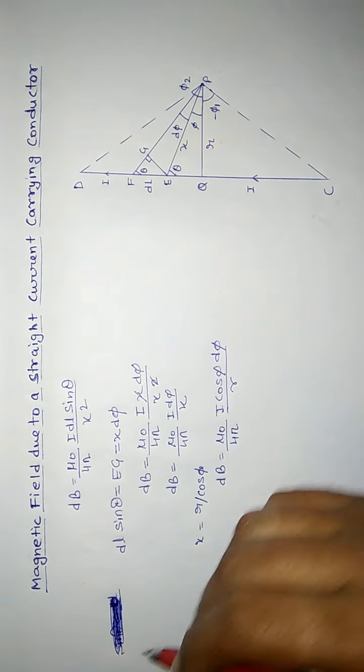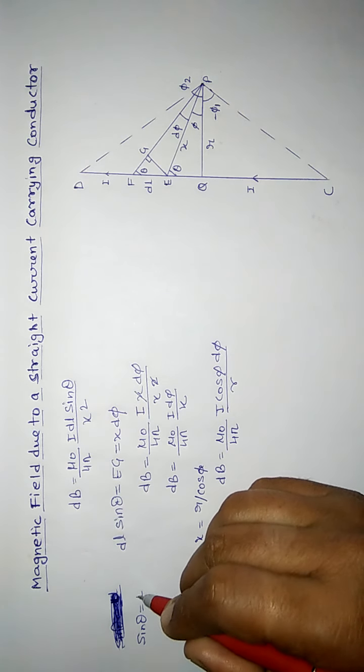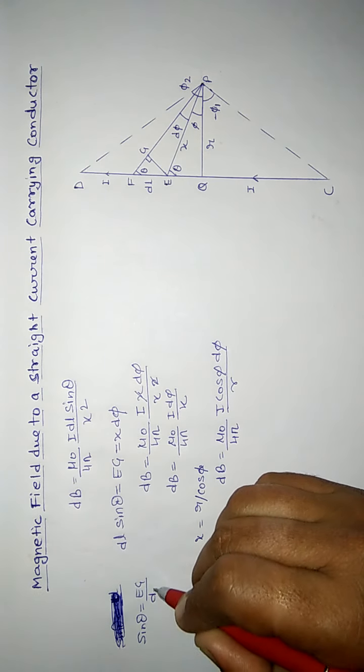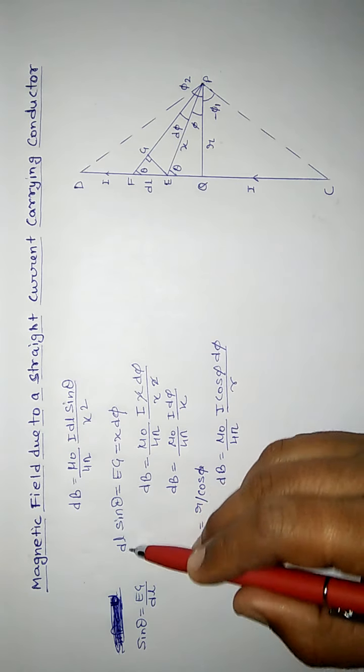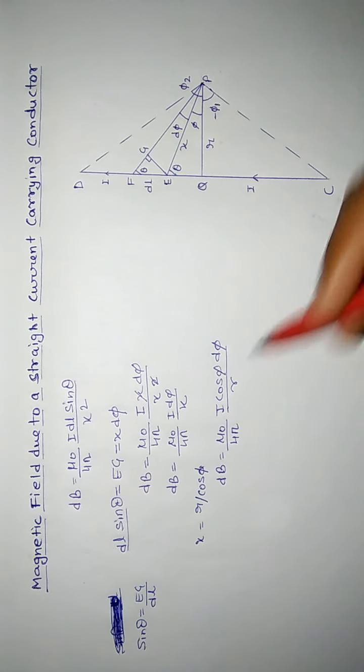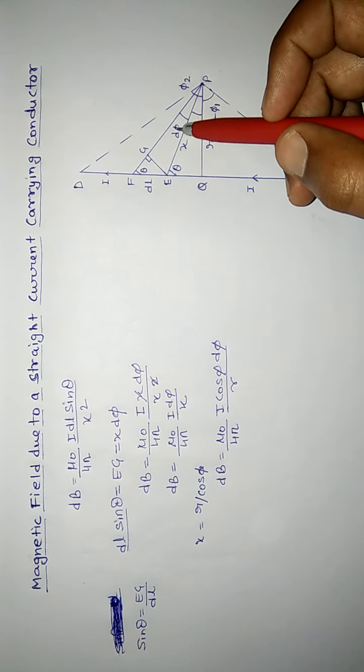Dl sin theta is equal to Eg, because sin theta will be equal to Eg upon dl. So we can write Eg as dl sin theta, and this will be equal to x d phi.